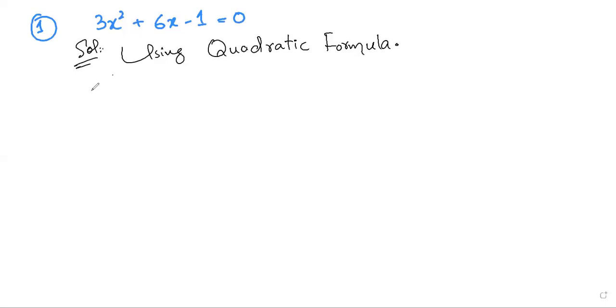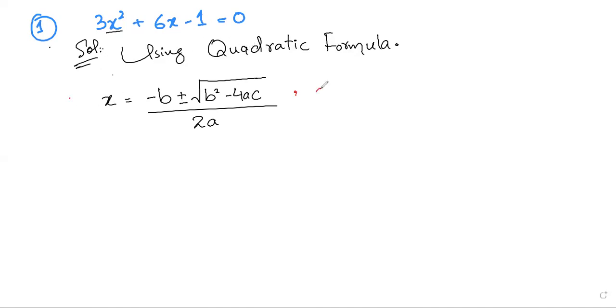First of all, let's see what the quadratic formula is. It is x equals minus b plus minus square root of b squared minus 4ac, whole divided by 2a. It is your quadratic formula.